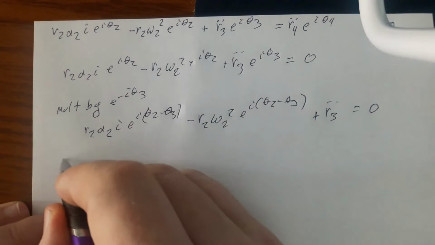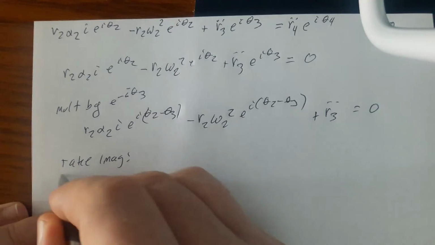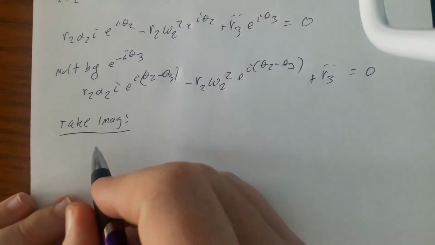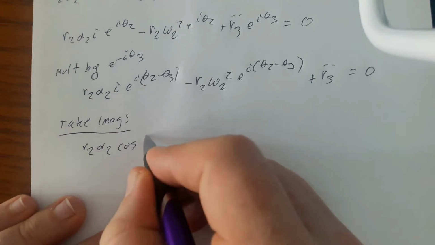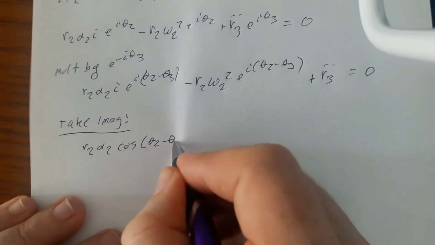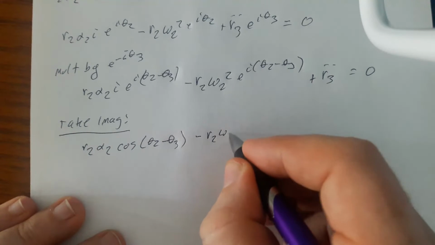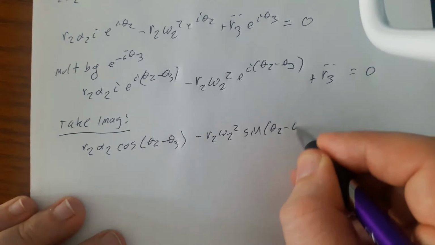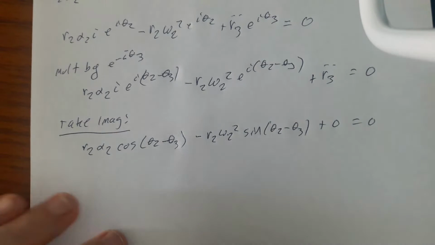We can take the imaginary part, and that will give us, from this first term, R2 alpha 2 cosine theta 2 minus theta 3, and then minus R2 omega 2 squared sine theta 2 minus theta 3 plus 0, and that's going to be equal to 0.